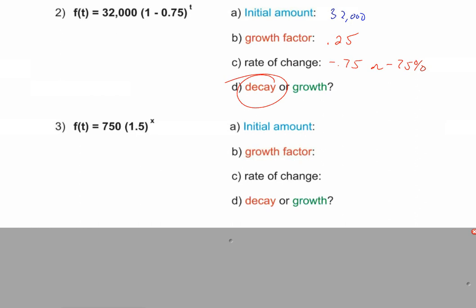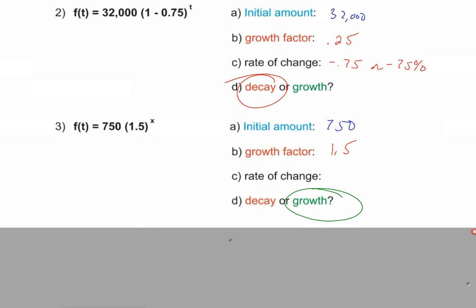All right, do it again for the next one. Again, if you can avoid looking, avoid looking. I think the only debate is what you're going to put for the rate of change.